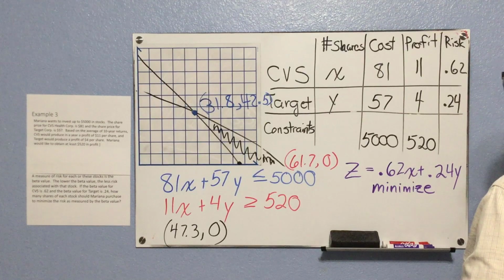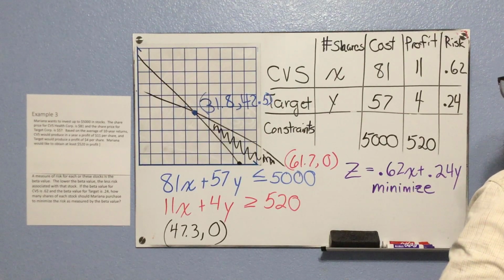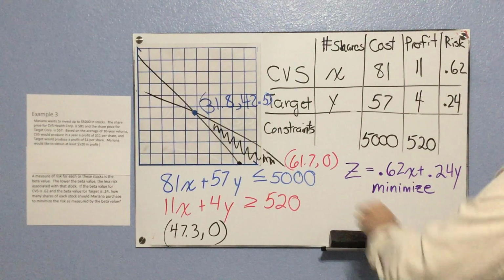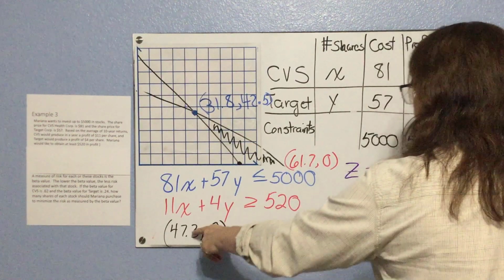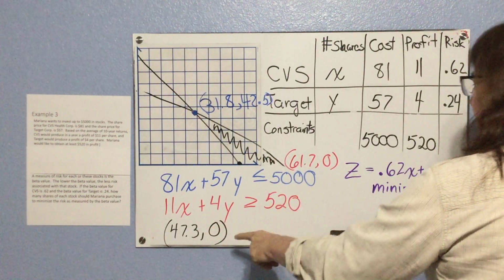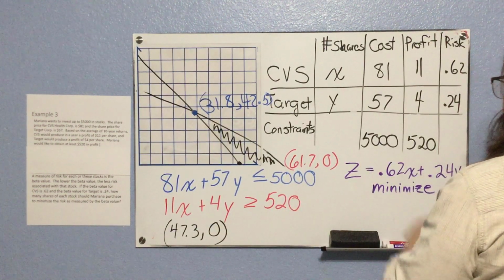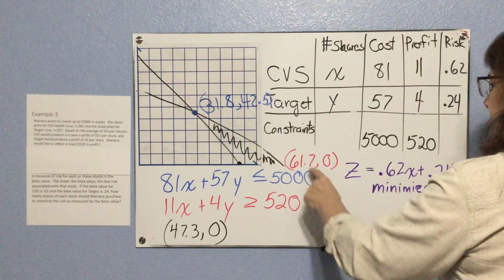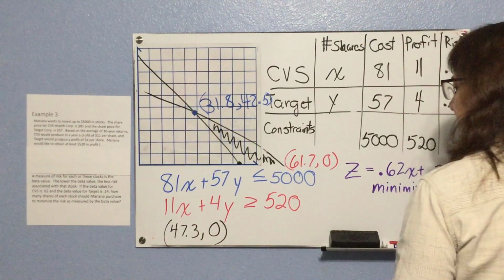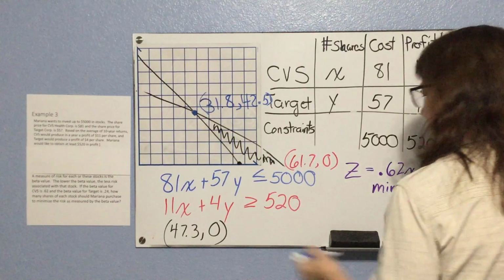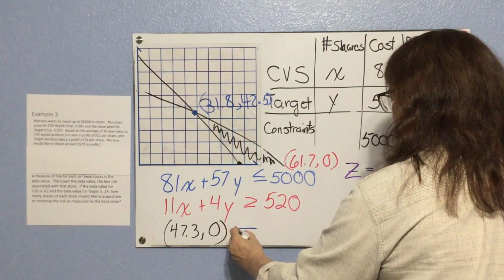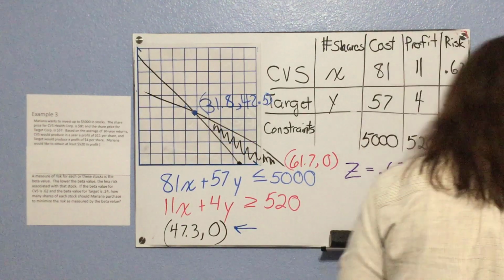Okay, now I hope that you can see with this point and this point, since the y is 0 on both of them, it's just going to be 0.62 times these two numbers. And so this one is going to be less, since it's a smaller number.